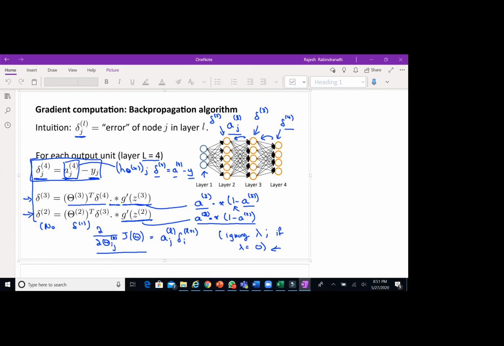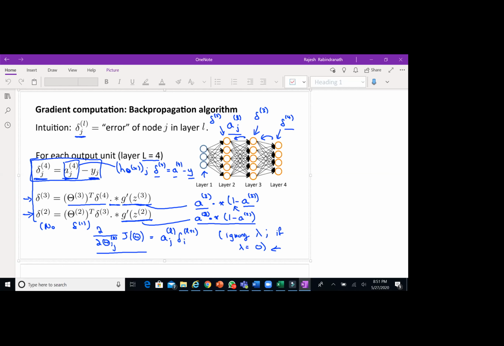So to put it in perspective again, we wanted to backward propagate the error. The error in layer 4 will be backwardly propagated because the connection between layer 3 and layer 4 is the weightages, and that is why theta 3 is multiplied by the error of layer 4.